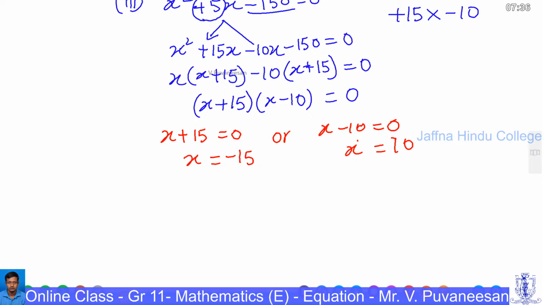There is no minus number length, minus 5 centimeter or minus 5 meter. So x should be positive. So x equals minus 15 is not suitable for us. So we should consider only x equals 10.